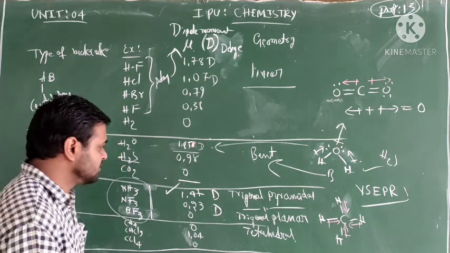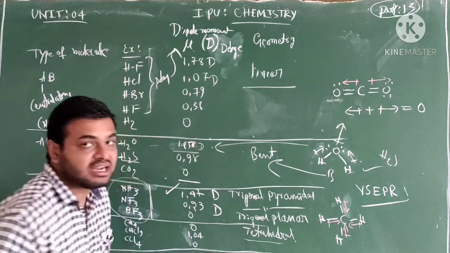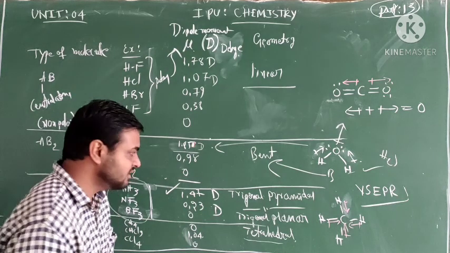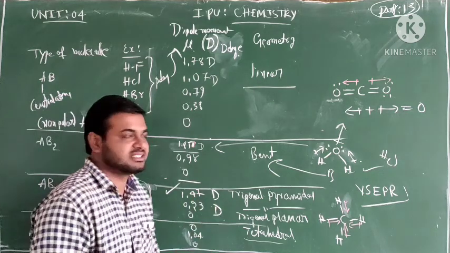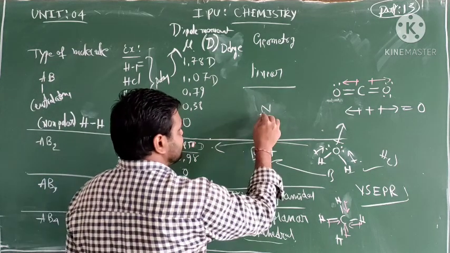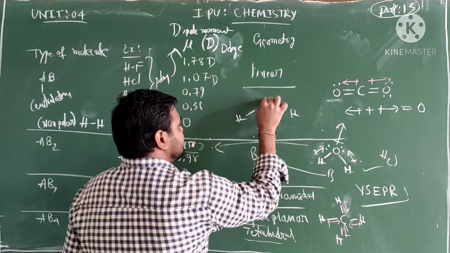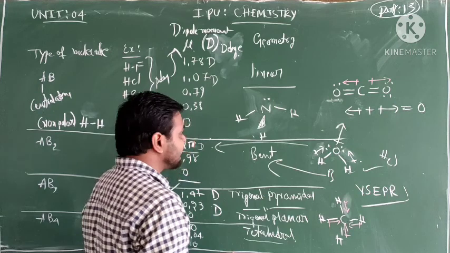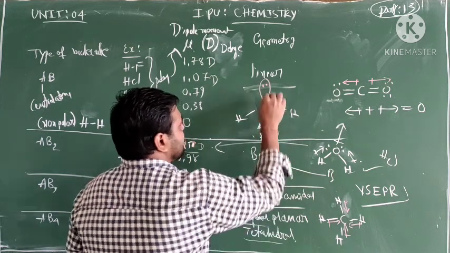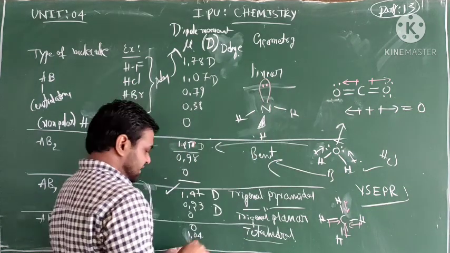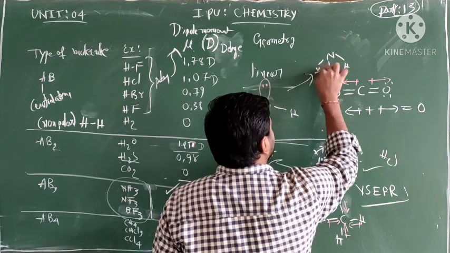Students, here all those will have a tetrahedral geometry. But in this case, these two look like a pyramid. See here, nitrogen has a lone pair. We can write this lone pair like this. This is the simple structure, the nitrogen with 3 atoms, and this is the lone pair.